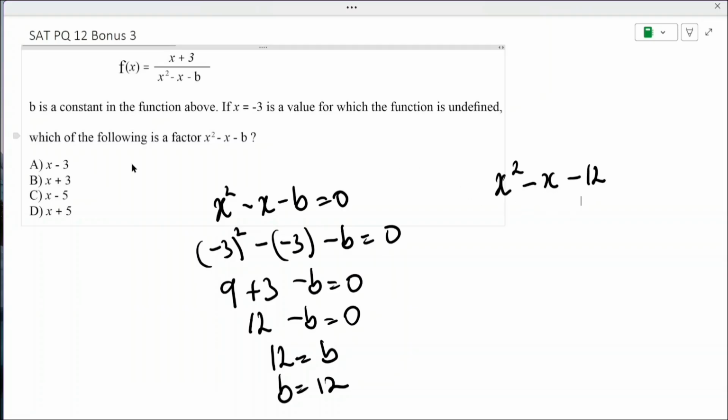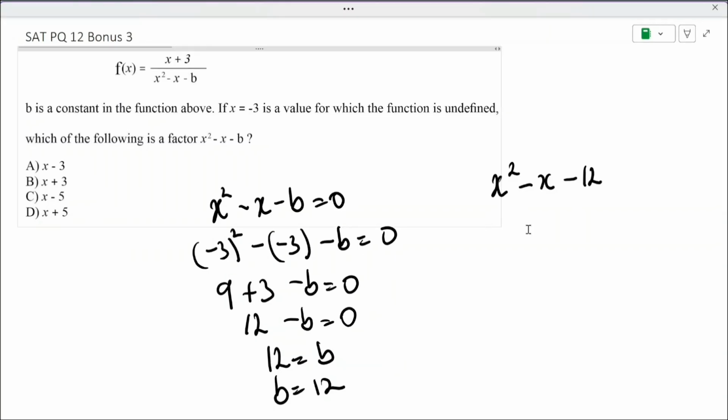Remember, the question says which of the following is a factor of x squared minus x minus b. And you know b is 12, so this is the actual expression. So which of them is a factor? To know which of them is a factor, you have to either do polynomial division. That is, you divide this expression by each of them and see which one would not give you a remainder.